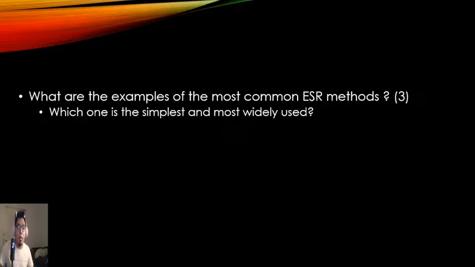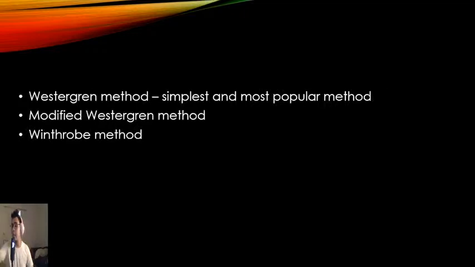The simplest and most widely used, and the one that I've been using for almost a decade since I was in the Philippines, is the Westergren method. But ever since I came to my current place of employment, we've been using the automated ESR analyzer.